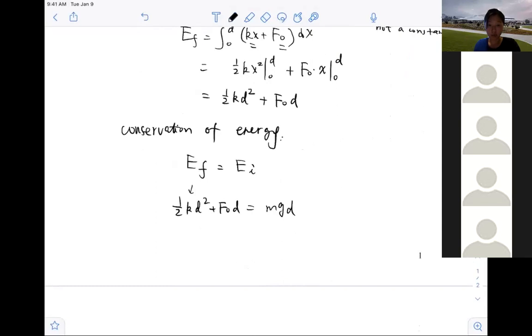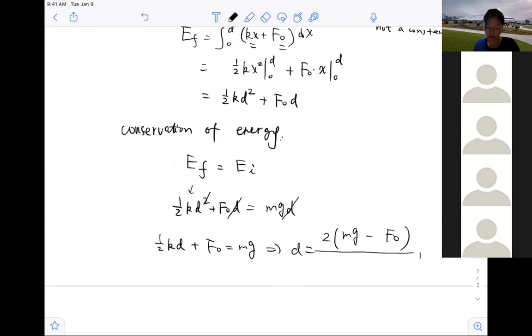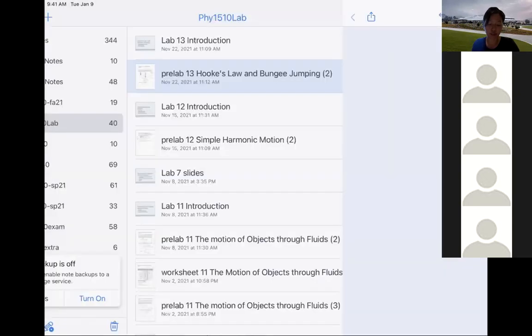So I'm going to solve for d. I'm going to cancel d. I have this: my d is equal to (mg minus F0) times 2 divided by the spring constant k. So this is my d. That's the theoretical method. You plug in mg, your friction, and your spring constant, and you can get your distance.